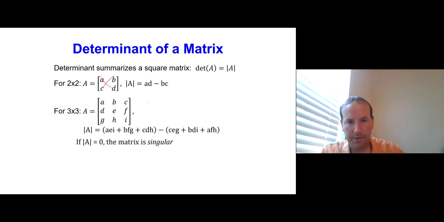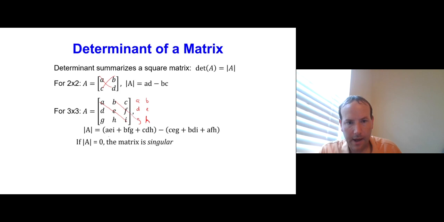And for a 3 by 3 system, we're going to use a similar pattern, but it helps to write these out to remember that what you're doing here is multiplying along these axes.